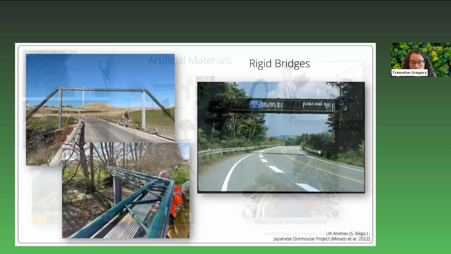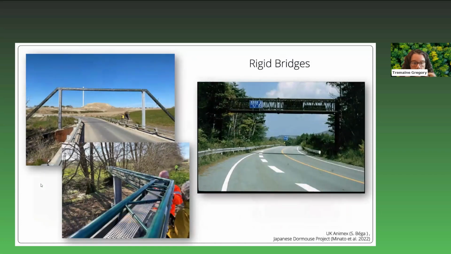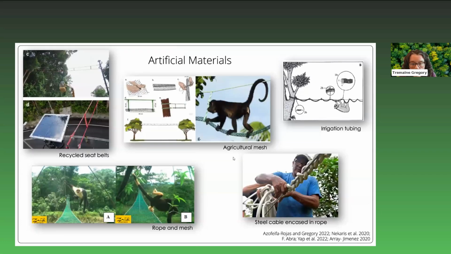There's amazing work from Indonesia with irrigation tubing, where the community has gotten involved in monitoring and building the bridges because they double as irrigation areas. Then we have other forms, and finally the steel and cable encased in rope, which has been a terrific solution for developing a natural substrate with the rope, while the steel provides more stability. Okay, next.